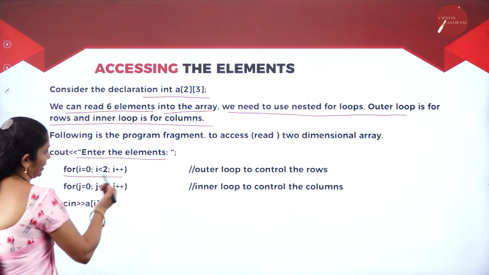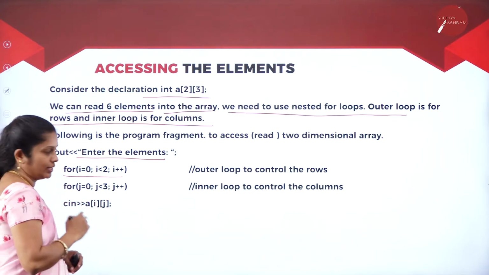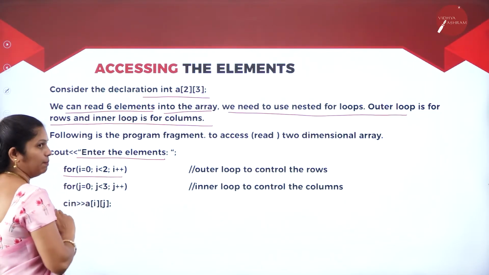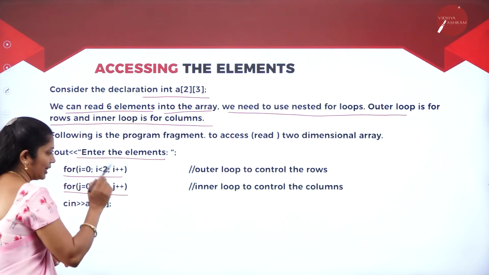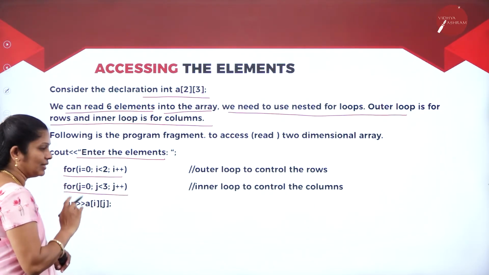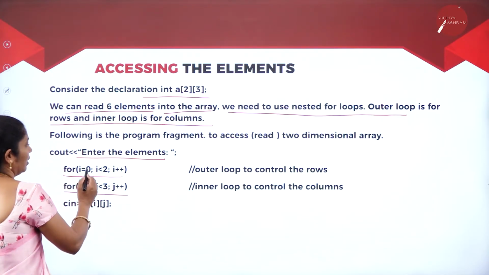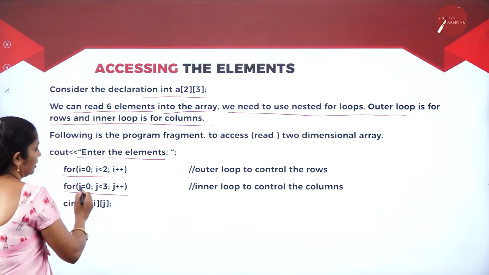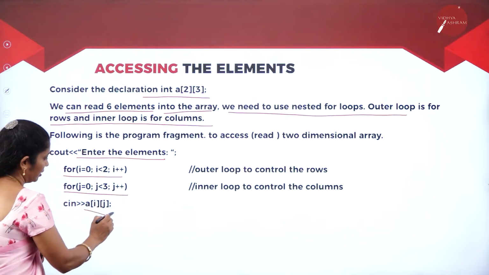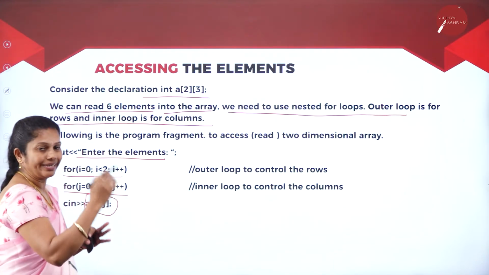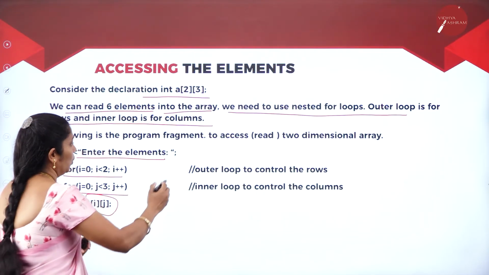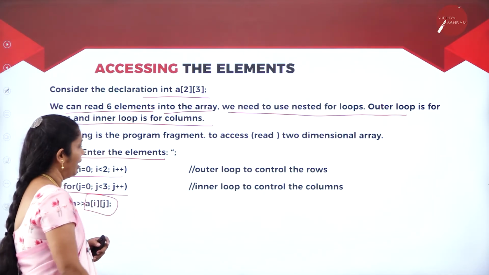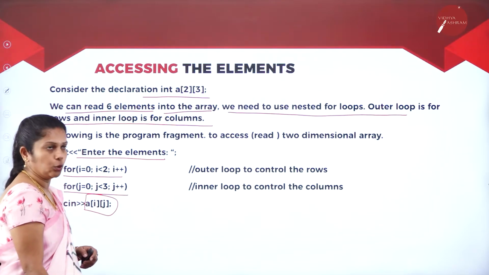Then the for loop will take I equals 0, I is less than 2, I plus plus, and one more for loop we will write. For the first one I will write I, and for the second one I will write j. Here 2 rows, 3 columns are there, while accessing or reading or printing, we are using a of I is to j, where I represents the outer loop and j represents the inner loop.